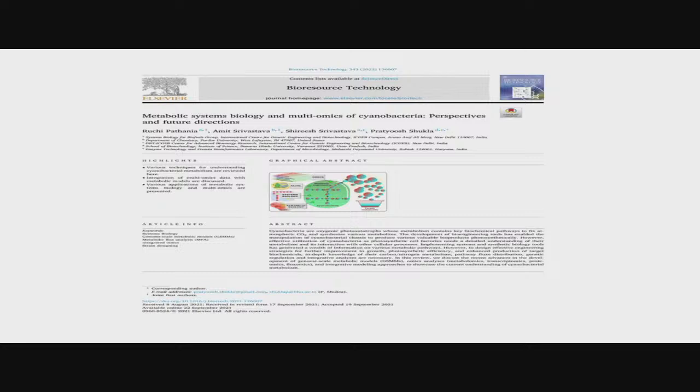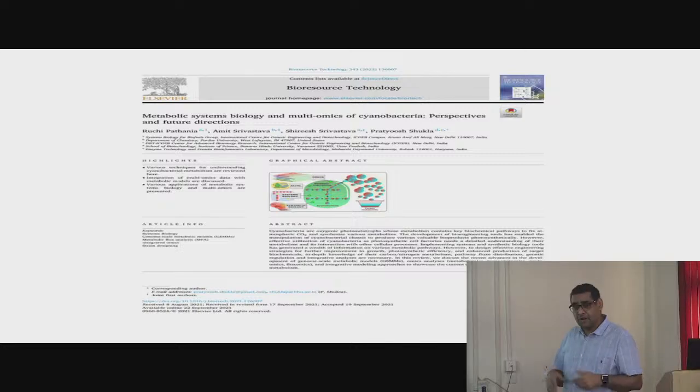Now, if you read this paper, a very new one from 2022, Metabolic Systems Biology and Multi-omics of Cyanobacteria, because our group was working on that. This tutorial, this review paper, will give you the various techniques. Try to read both review and research papers, because in research you get one direction, this done, this done, and in review you learn the techniques.